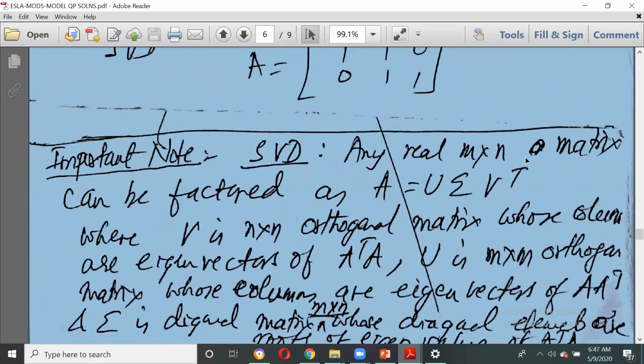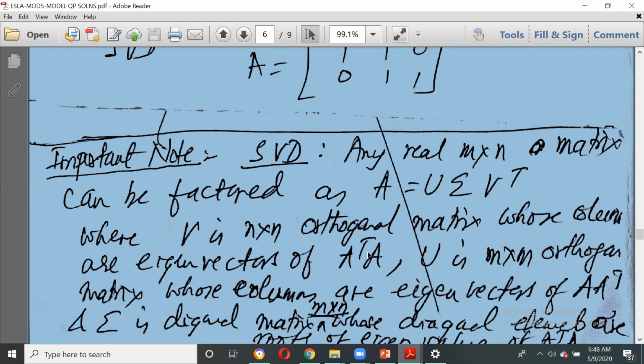Any real M cross N matrix A can be factored as A equal to U sigma V transpose, where V is an n by n orthogonal matrix whose columns are eigenvectors of A transpose A. Given A, we need to find A transpose A and find its eigenvectors. And the eigenvectors form a matrix which is orthogonal, and that is what V is.